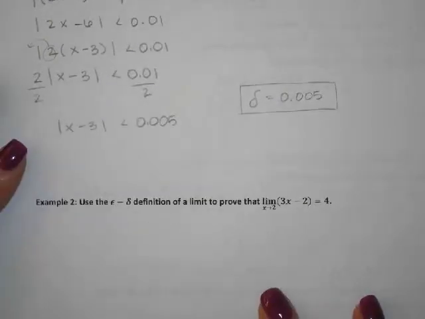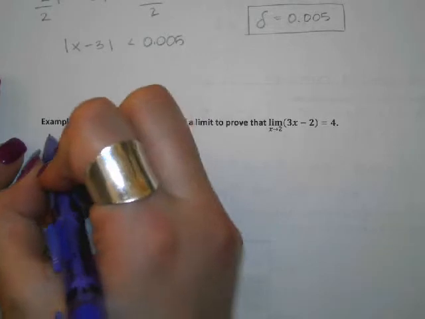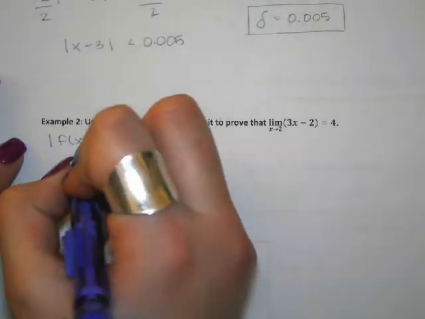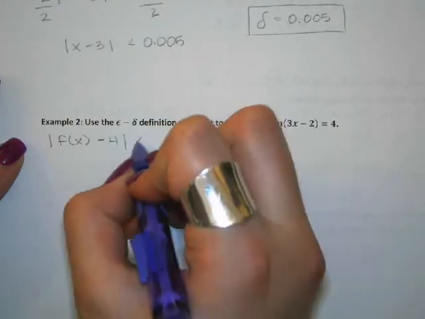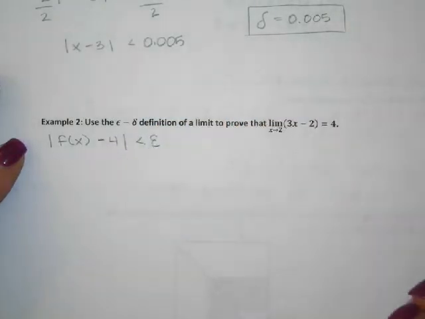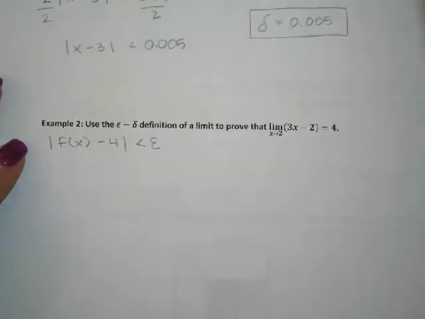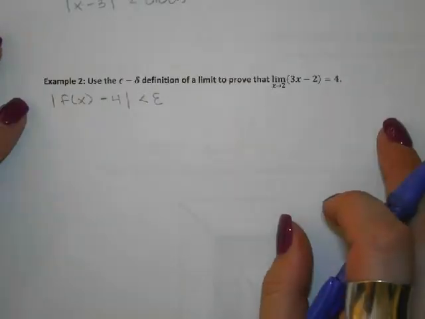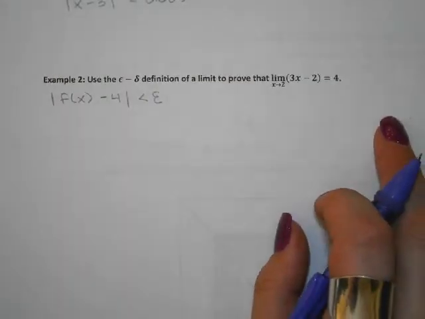So we're going to start off the same way, though, because to do the proof, we have to know what delta equals. So I'm going to start it off, and I'm going to say f of x minus the limit, so minus 4, is less than epsilon. And the reason I'm going to put the epsilon in there is because I don't actually know what epsilon is. They gave it to me in the first example.